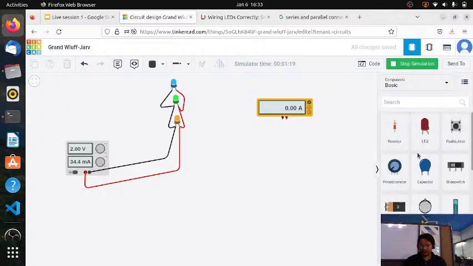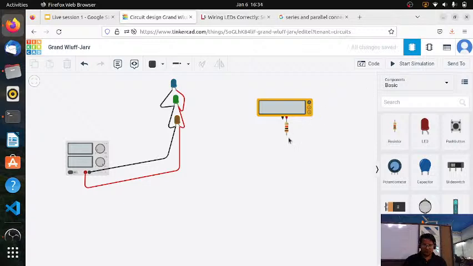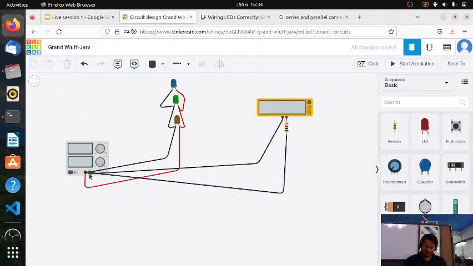For that, first one resistor is required, because we cannot directly connect this across the power supply bench. This is plus, and then this is minus. I will connect to minus. A minus.